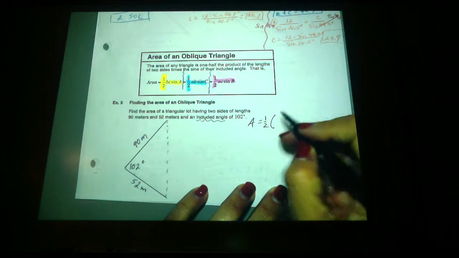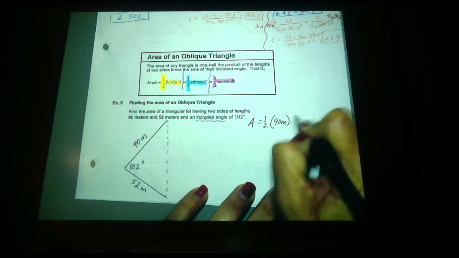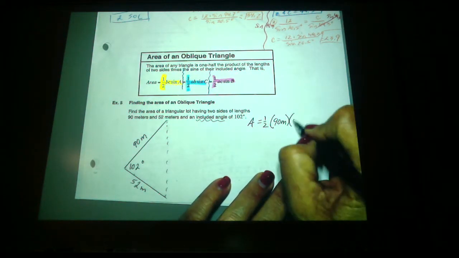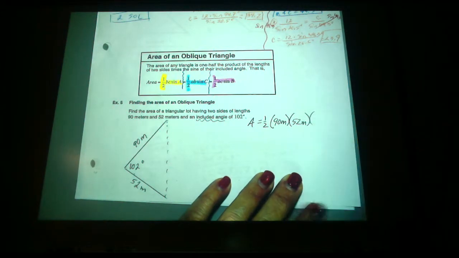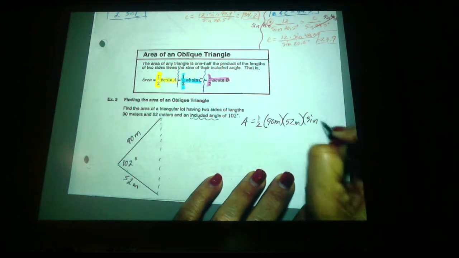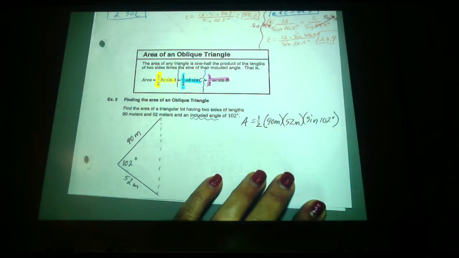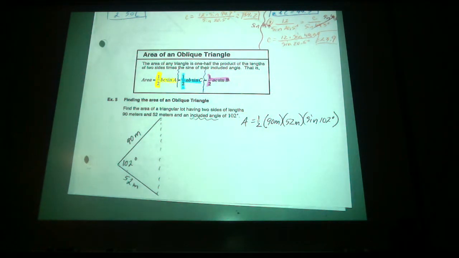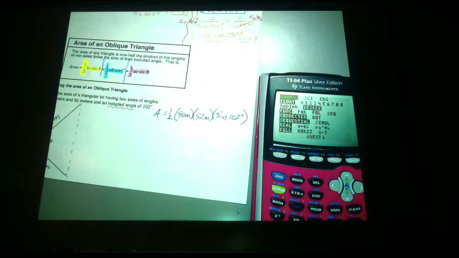So my 2 sides, 90 meters and 52 meters. And then I'm going to multiply that by the sine of 102 degrees. So take your calculator, again, making sure that your calculator is indeed in degrees. It'll mess you up if it's not.